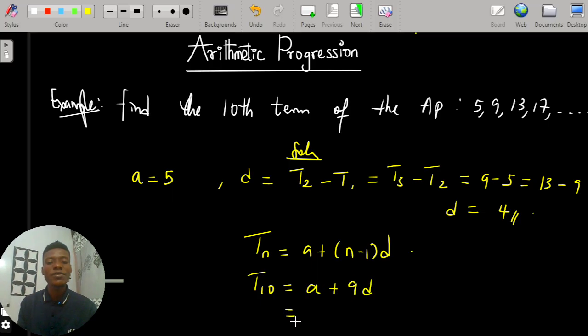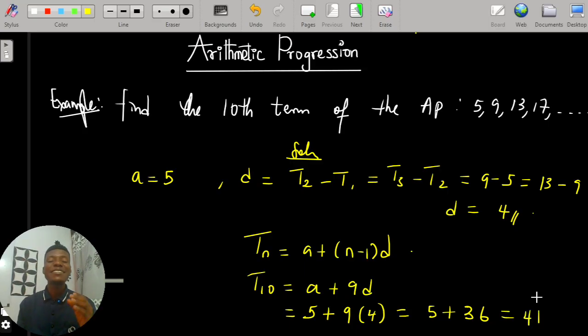And we already know the value of A, which equals 5, plus 9 times the value of D, which equals 4. And this will give us 5 plus 36. And our result is 41, which implies that our T10 is equal to 41.